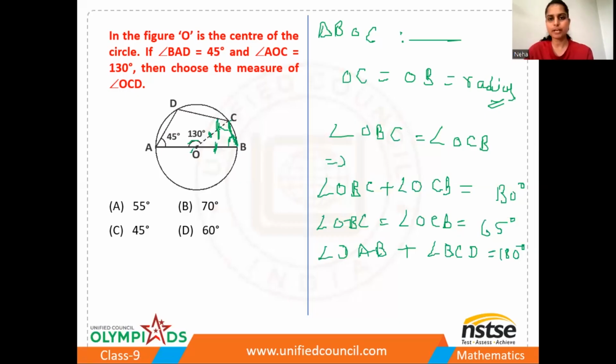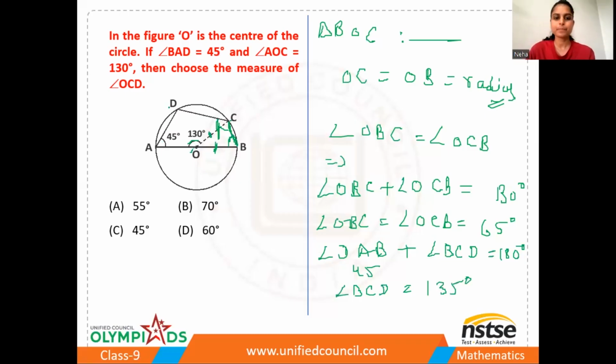That means opposite angles always add up to 180 degrees. So if this is 45, then angle BCD is 180 minus 45, which is equal to 135 degrees.